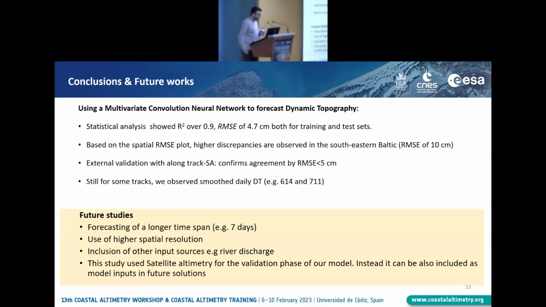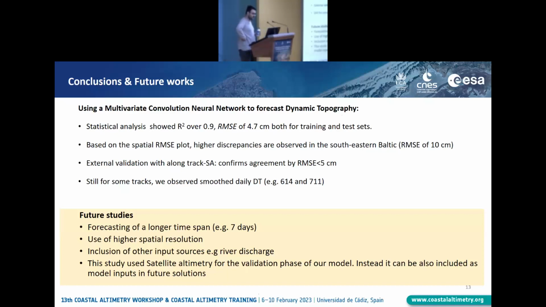As a summary, we used a multivariate-based convolutional neural network model to forecast dynamic topography in the Baltic Sea. The statistics showed good performance of the proposed model, with R-squared over 90% for both training and testing. The RMSE was found to be 4.7 centimeters.